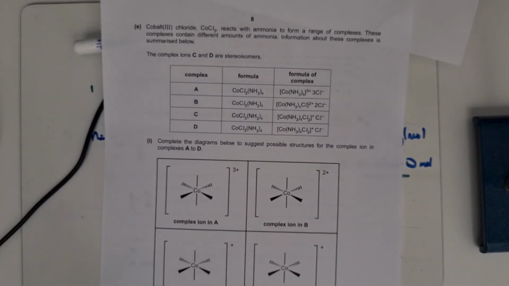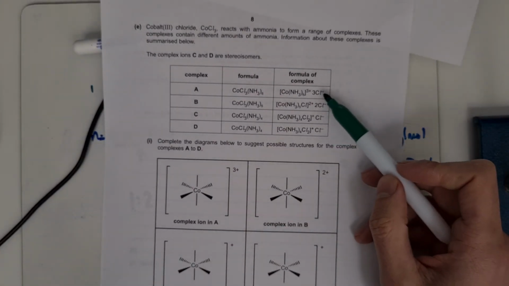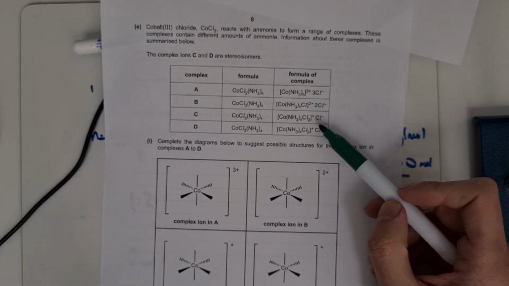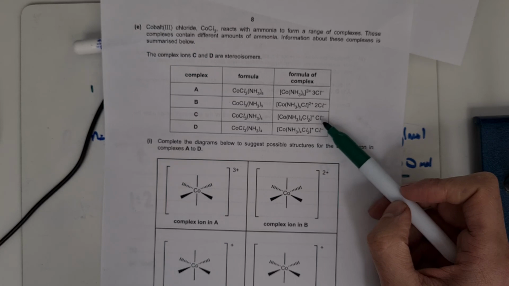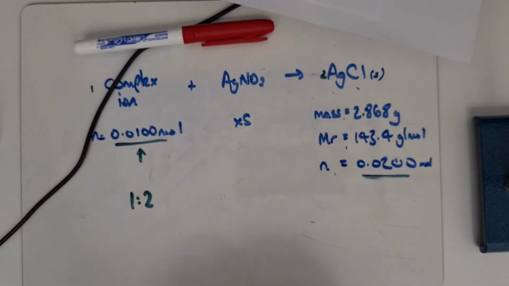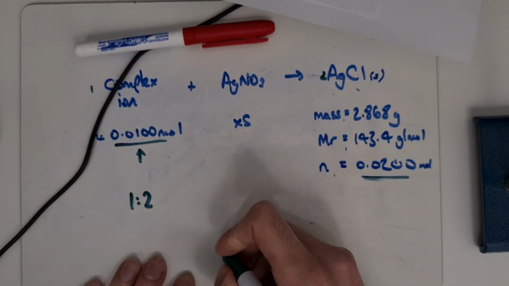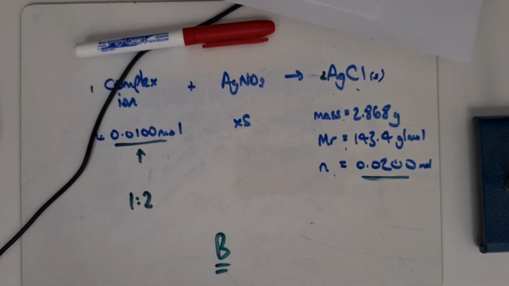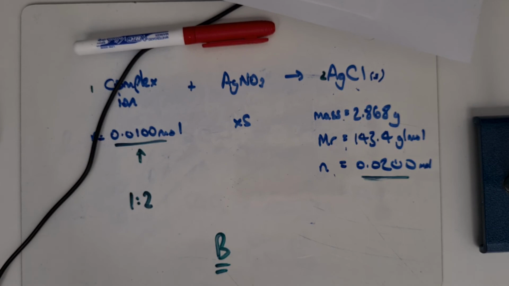If we look at the structures, this one's got 3 chlorides, so unlikely. This has got 2, so it's looking like B. C and D have only got 1. So the one with 2 chlorides is going to be the one we expect because of this 1 to 2 ratio. So the answer will be B. And that was question 3.